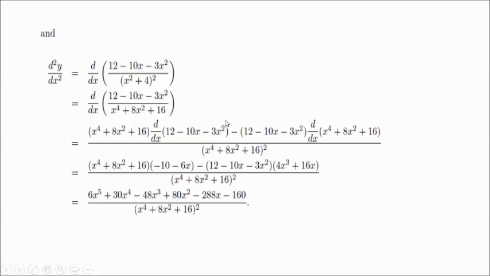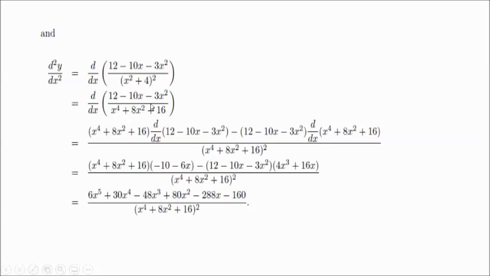Pwede po mauna yung 3x squared. Pwede naman. Ano lang to, yung inuna lang niya is yung constant. Pero it doesn't matter if kung ano yung arrangement mo. Okay, square. Square ng quotient.